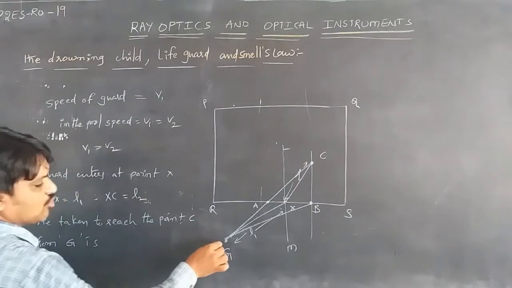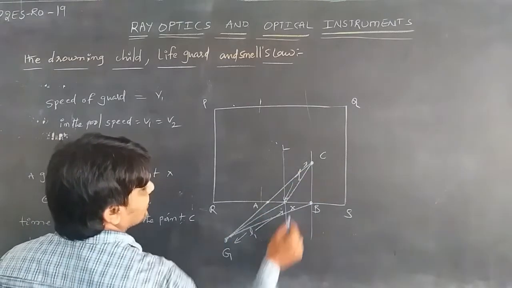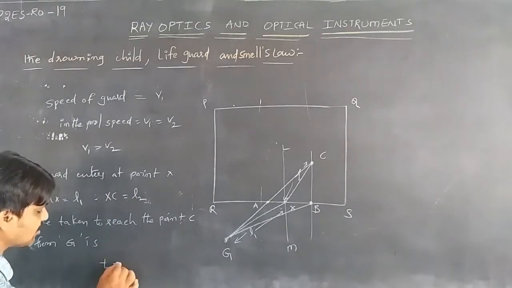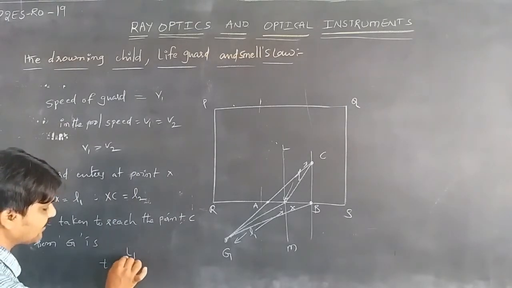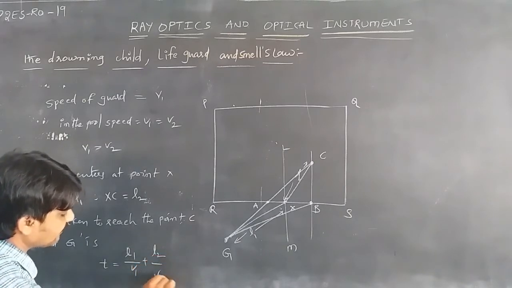Here the guard moved with velocity V1 from G to X, and from X to C the velocity is V2. So the time taken T is equal to the first distance L1 by V1 plus L2 by V2.